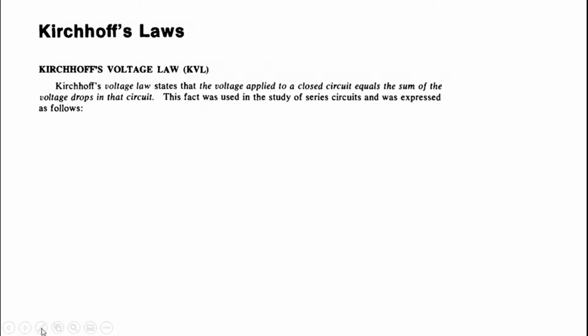In simplification of that definition for the KVL, let's say, for example, we have three resistors connected in series. This fact is used in the study of series circuits and is expressed as follows: the voltage applied is equal to the sum of the voltage drops.